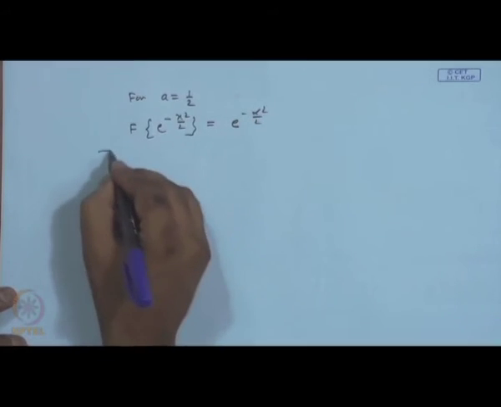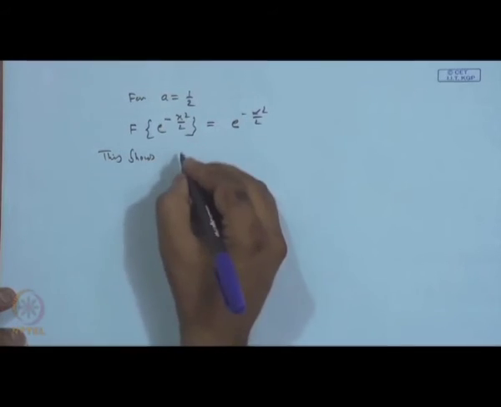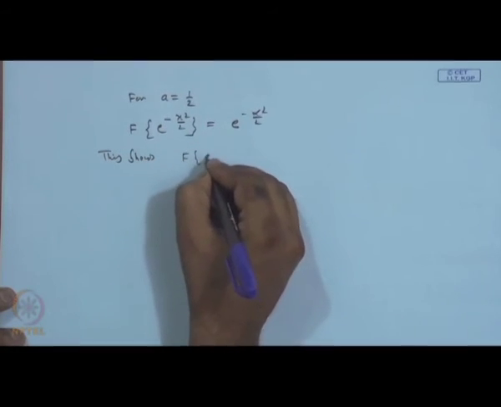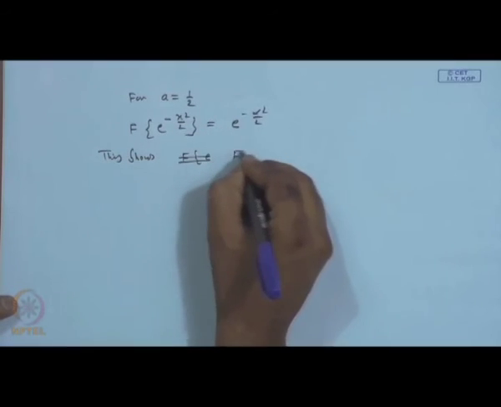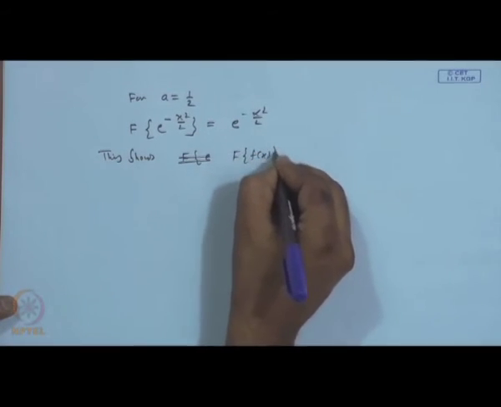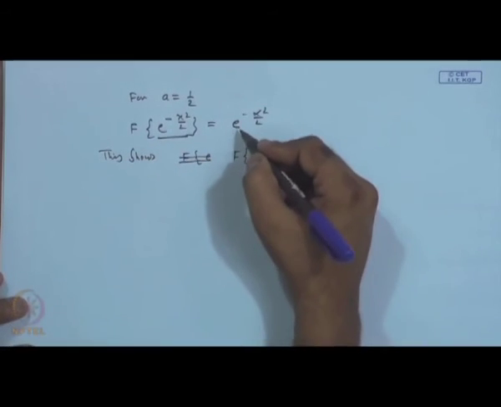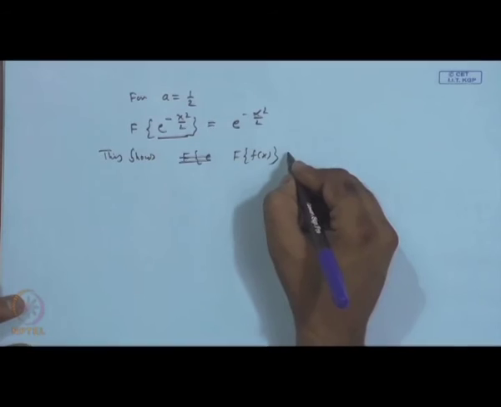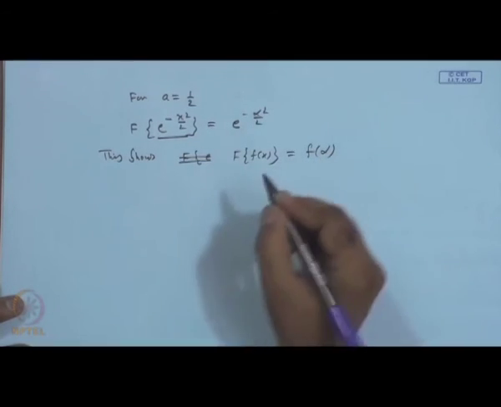So what this shows is that Fourier transform of, or in general Fourier transform of this f(x), so Fourier transform of e power minus x square by 2 is just e power minus alpha square by 2. So we replace just x by alpha, so this is f(alpha).